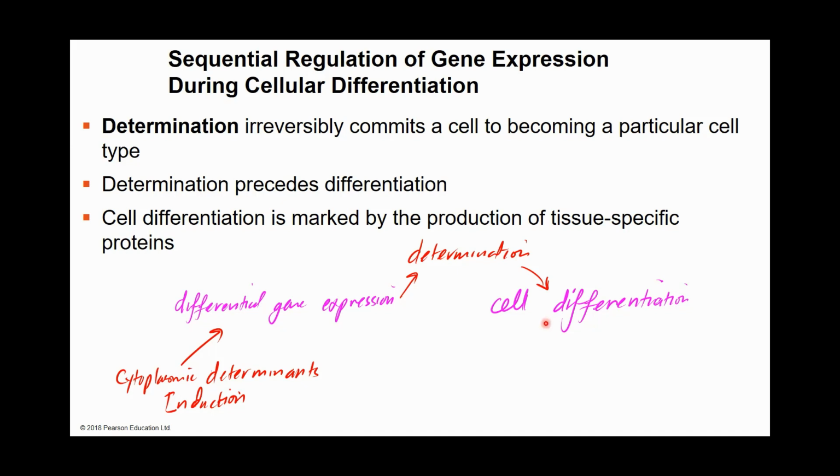And typically, cell differentiation, the differential gene expression, is basically induced at the level of transcription. So transcription is the major mechanism by which a cell will have a specific set of genes expressed in order for the cell to become fully differentiated.